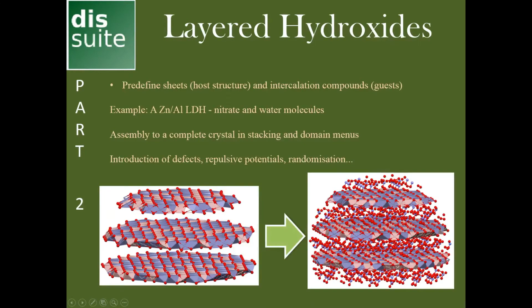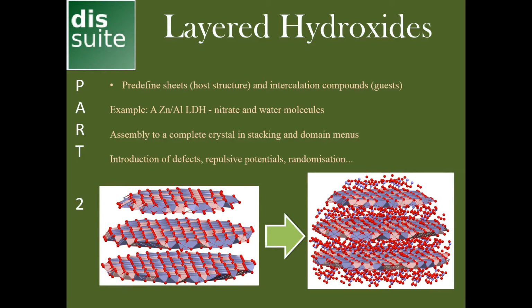The second example we are going to introduce is the LDHs. At first we will create a host structure. These are predefined sheets of such a metal oxalate, and we try to intercalate different guest molecules into the structure. Therefore it's important at first to create the structure of your guest and later on add the host to it, or the other way around.